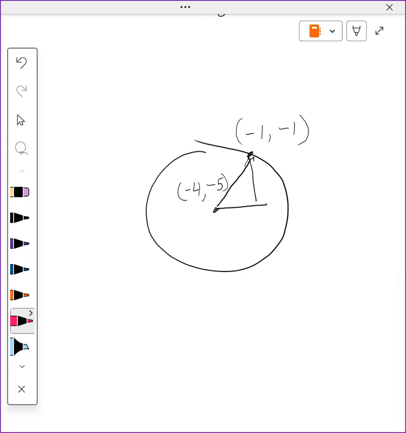So this point right here is -1, -5. How do I know that? It's going to have the y coordinate of the point and the x coordinate of the one above it. We could use the distance formula, but they're horizontal and vertical lines, so you can just count it. To go from -4 to -1, that's 3 units. To go from -1 to -5, that's 4 units.